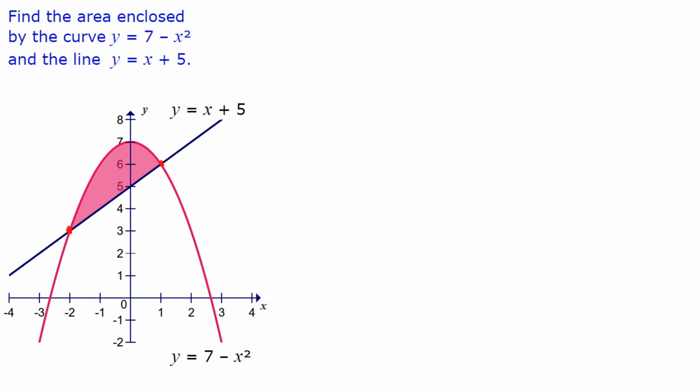The way we solve it is we just let y equal x plus 5, which also equals 7 minus x squared, which means that if we put everything on the other side, x squared plus x minus 2 is equal to 0.